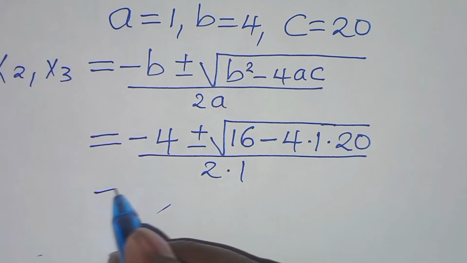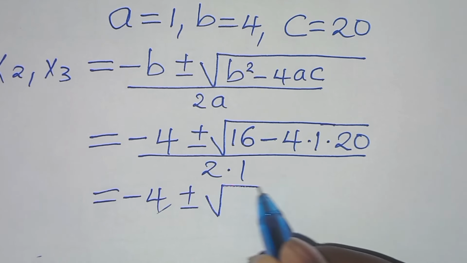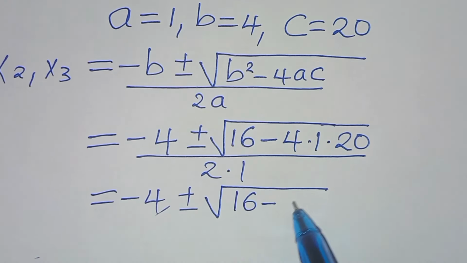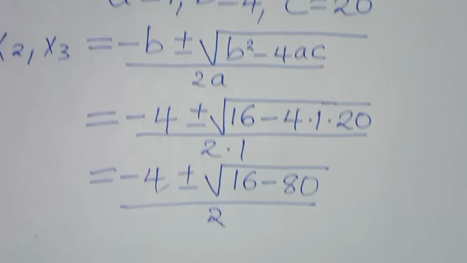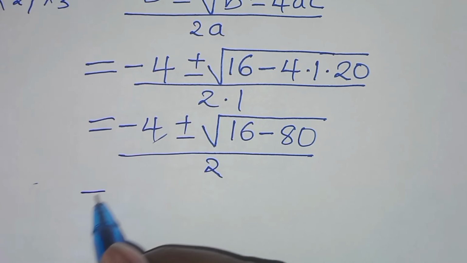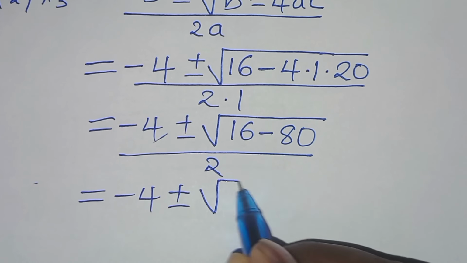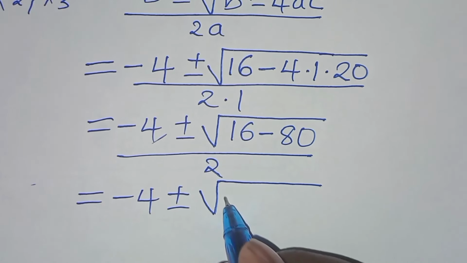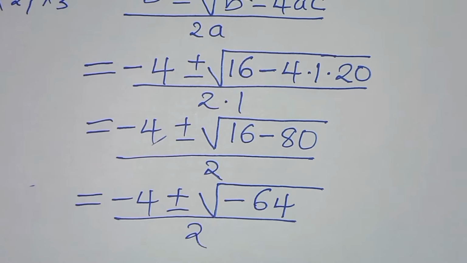The next step is minus 4 plus or minus the square root of 16 minus 80, all divided by 2. This is minus 4 plus or minus the square root of minus 64, divided by 2.